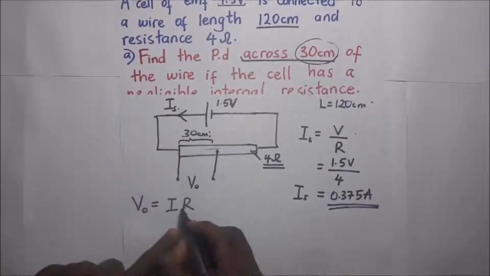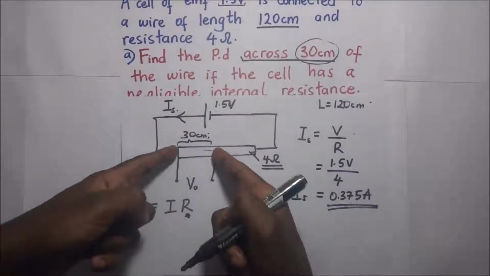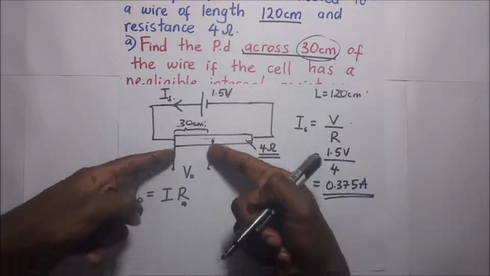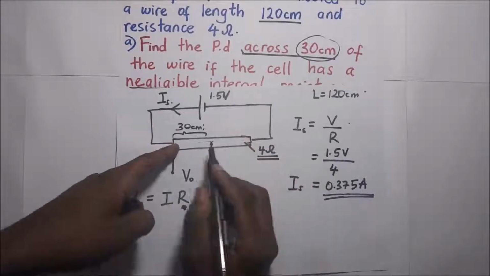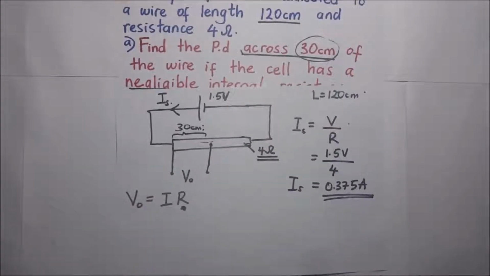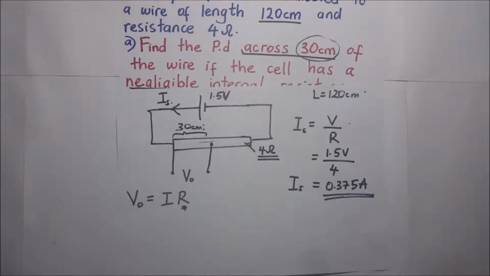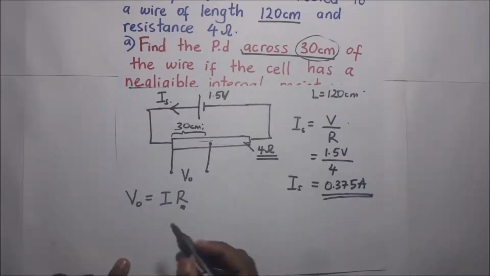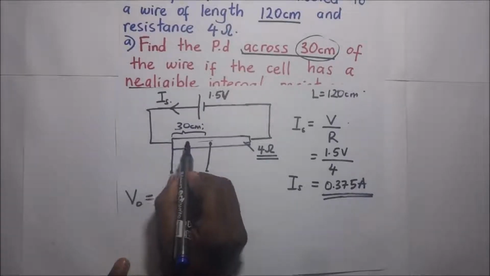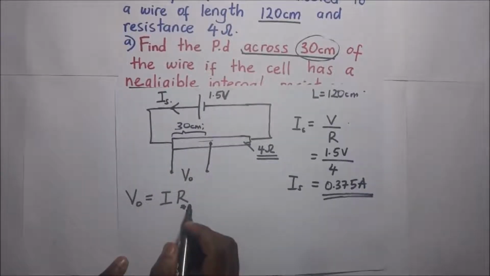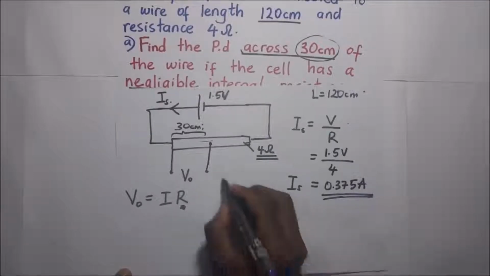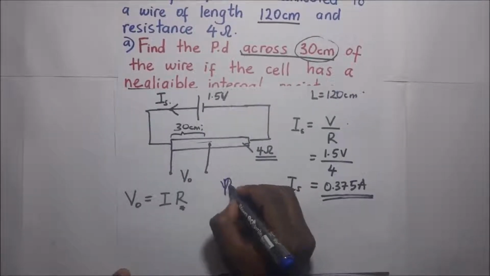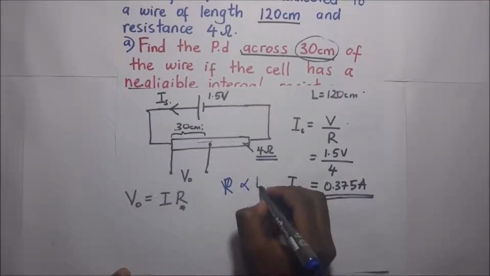So now what about the resistance of that portion of the wire? Because we are required to find the potential difference across that portion of the wire. Remember, earlier I said that resistance is directly proportional to the length.